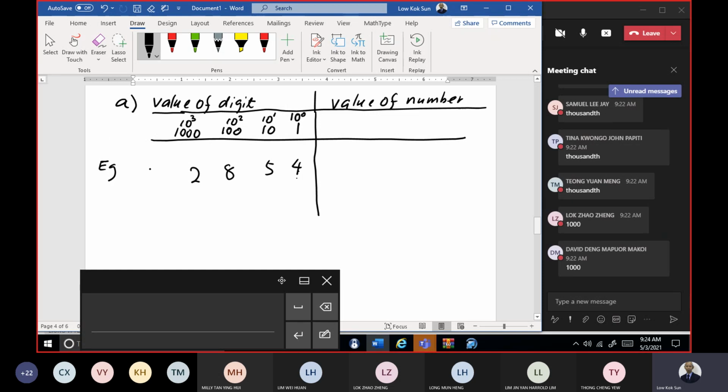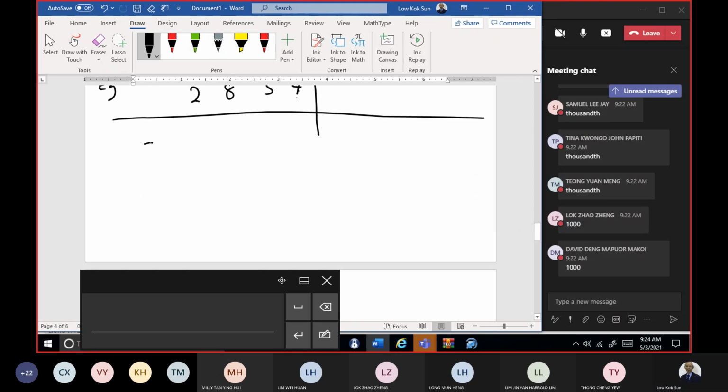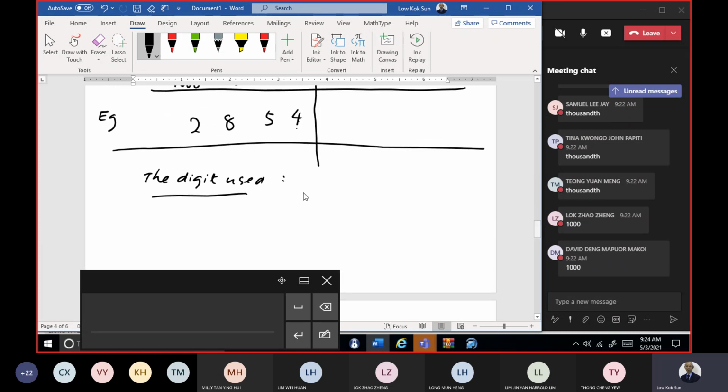Let me put down here the digits used. In a decimal number, what are the possible digits that you can use?